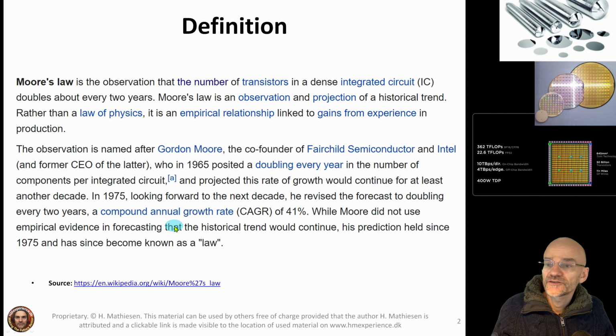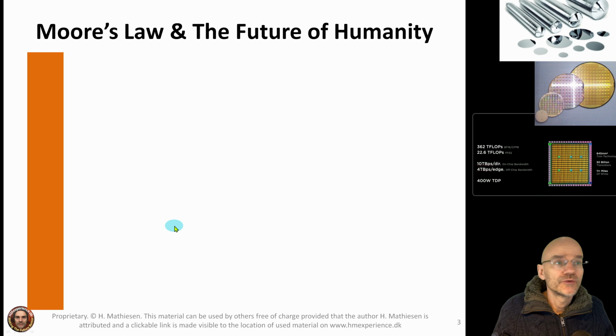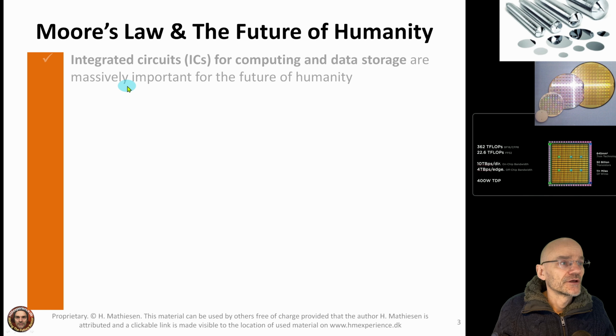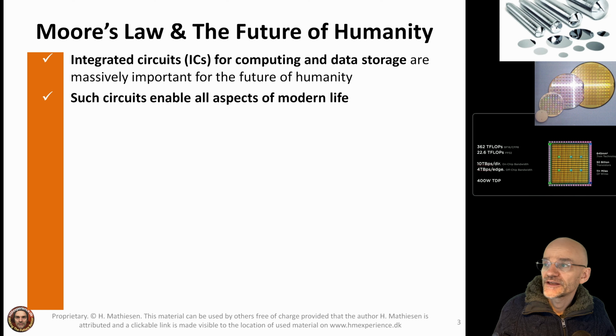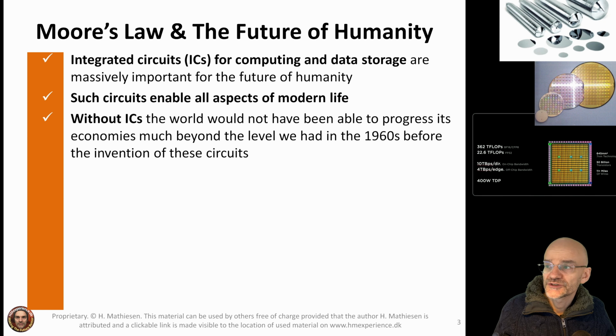Okay, so what has this Moore's law got to do with the future of humanity? Well, integrated circuits or computer chips for computing and for data storage are massively important for the future of humanity. They enable all aspects of modern life. Without these chips, we would simply not be able to progress our economies much beyond the level we had in the 1960s.